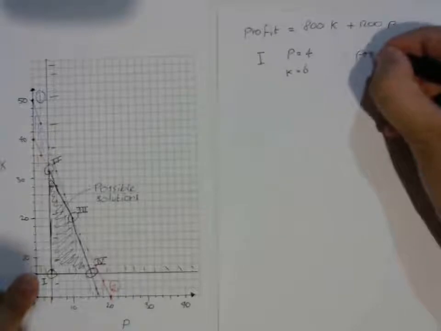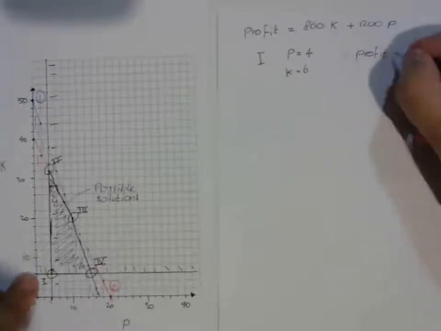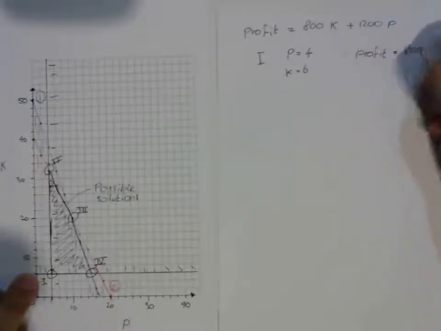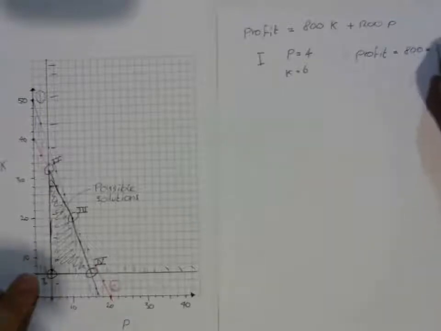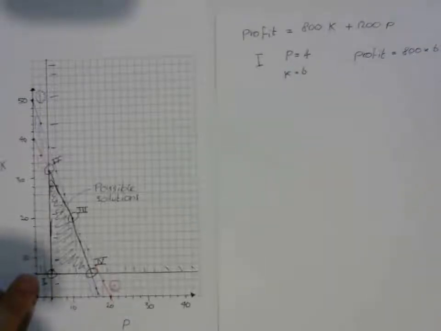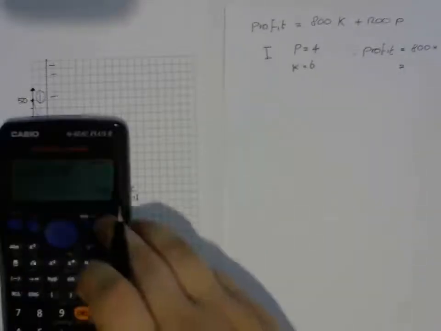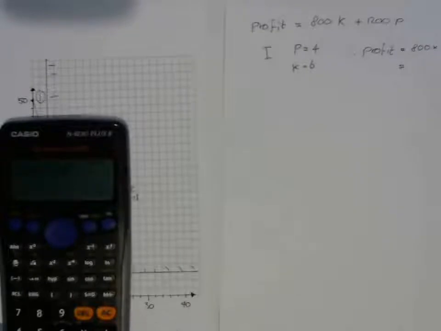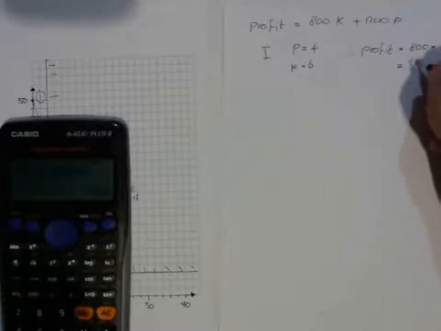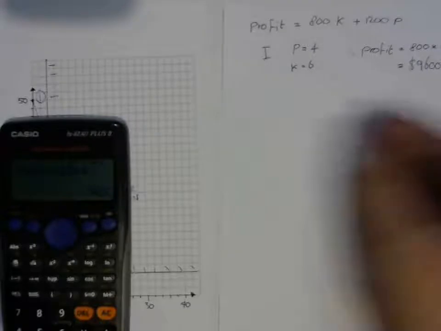So therefore my profit is going to be 800 times K, which is 6, plus 1,200 times P, which is 4. 800 times 6 plus 1,200 times 4 equals 9,600.